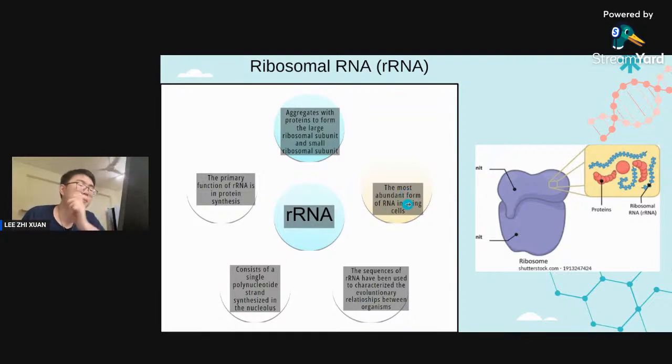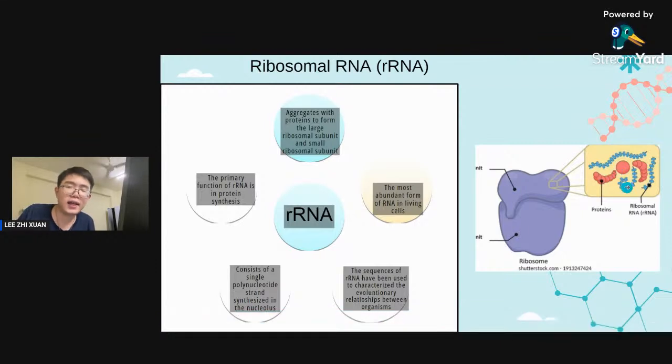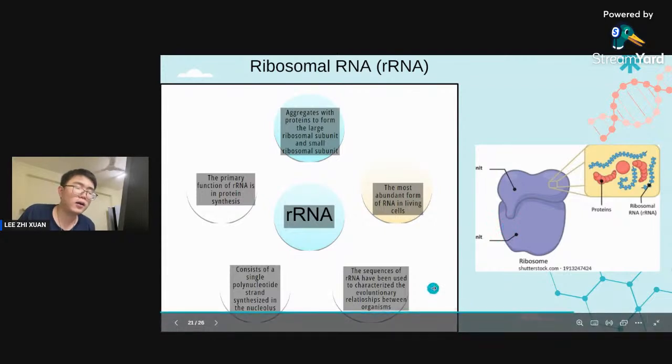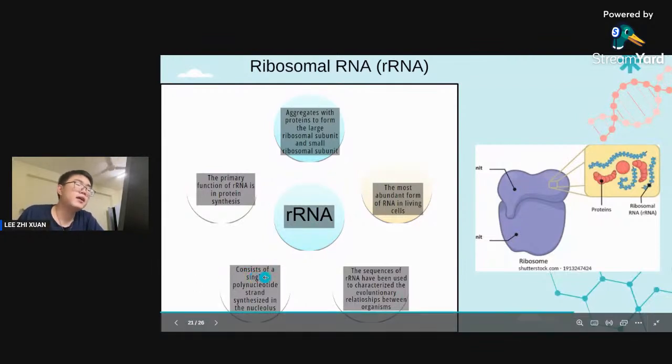Some, not all, some. Okay, and then the RNA sequence has been used to characterize the evolutionary relationship between organisms. This is the latest finding. They found that if they have the sequence of the RNA, we can learn the variation between organisms. It consists of a polynucleotide chain, and it is synthesized in the nucleus.